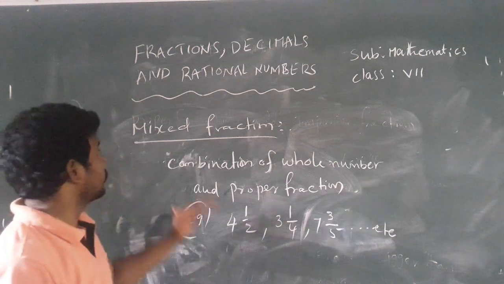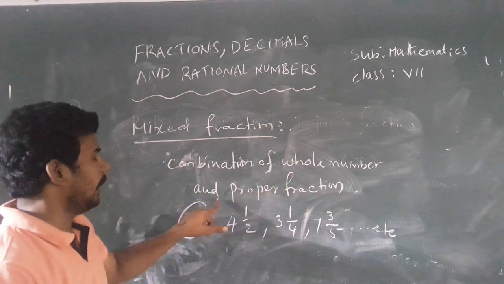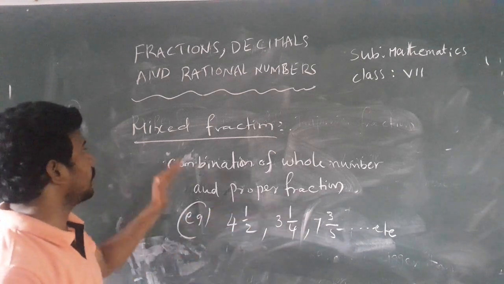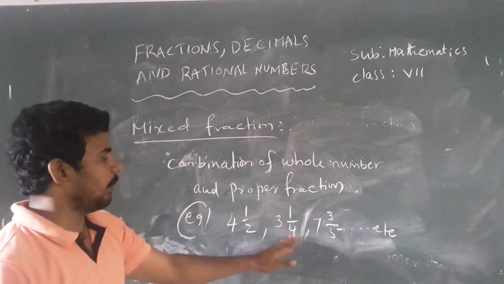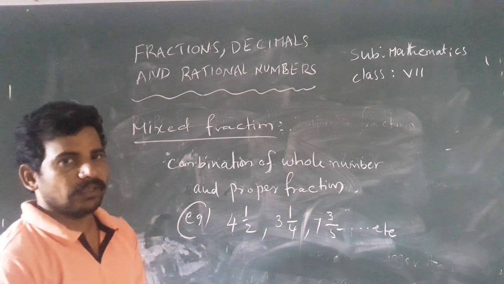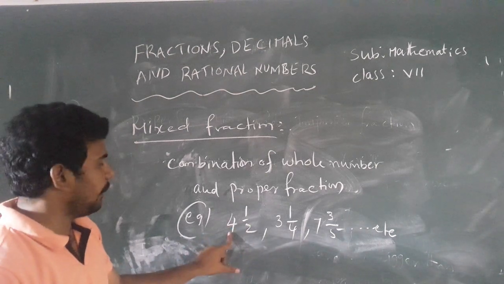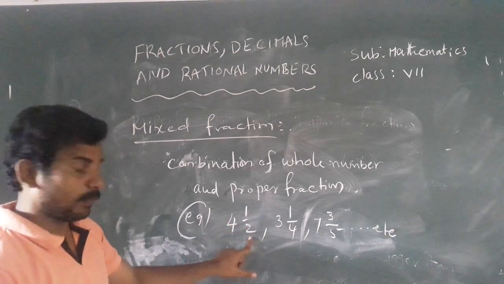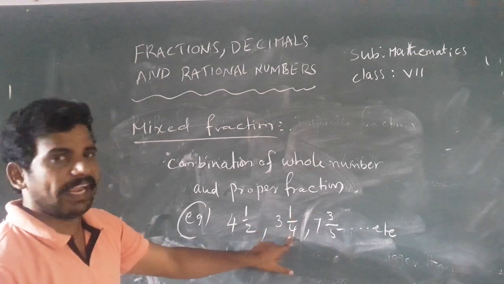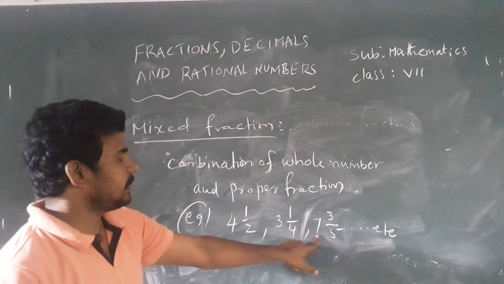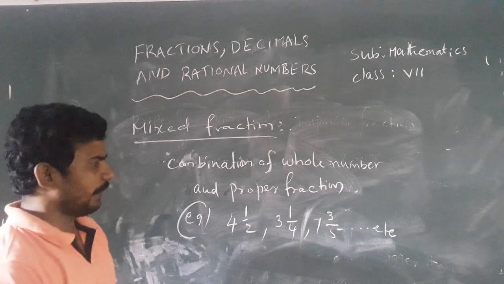These are examples of mixed fractions. In 4 1/2, 4 is the whole number and 1/2 is the proper fraction. In 3 1/4, 3 is the whole number, 1/4 is the proper fraction. In 7 3/5, 7 is the whole number and 3/5 is a proper fraction.